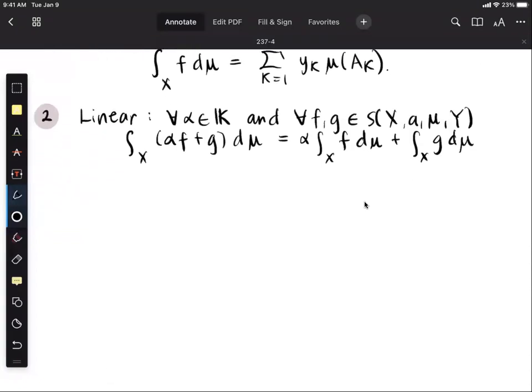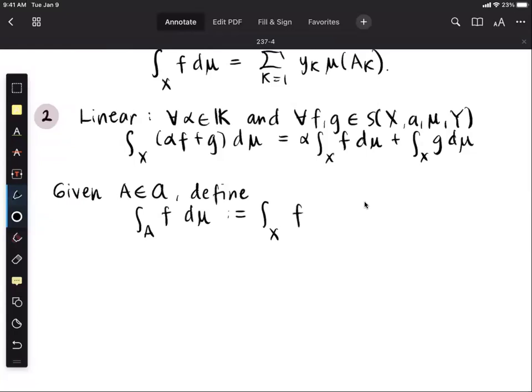So here we have integration over the whole set X. Now, if I have a subset A of X that is in the algebra, we will define the integral over this set A of the simple function f as the integral over X of the product f times the indicator function of A. One can show that this is also a simple function, hence this integral on the right is well defined.